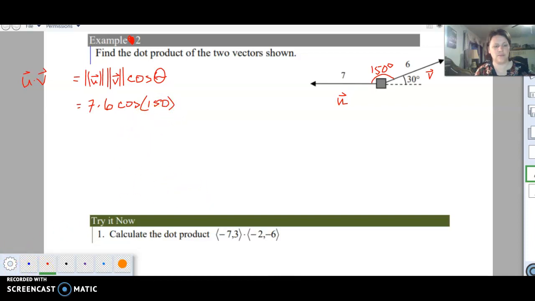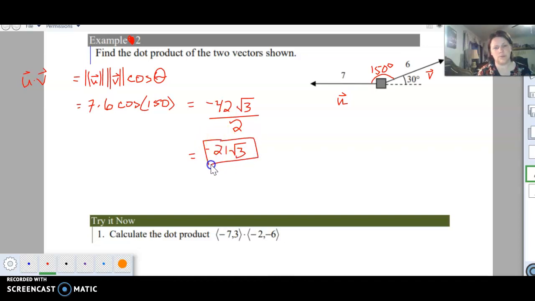I'm going to calculate that real quick. 7 times 6 is 42. Cosine of 150 is the negative square root of 3 over 2. And then our 42 and our 2 will reduce, so we'll end up with negative 21 square root of 3 as our final answer.